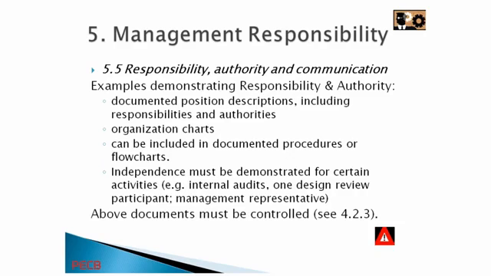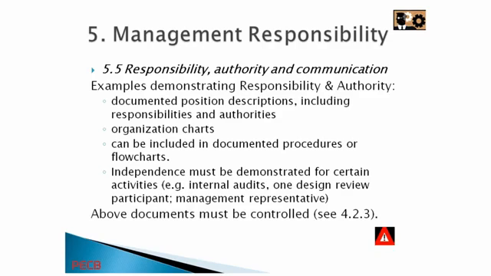Independence must be demonstrated for certain activities like internal audit, design review, and the management representative. Above documents must be controlled. So the organization has to set the responsibilities and authorities, and these should be communicated and must be documented, because it is the requirement of 4.2.3 that every document should be controlled.